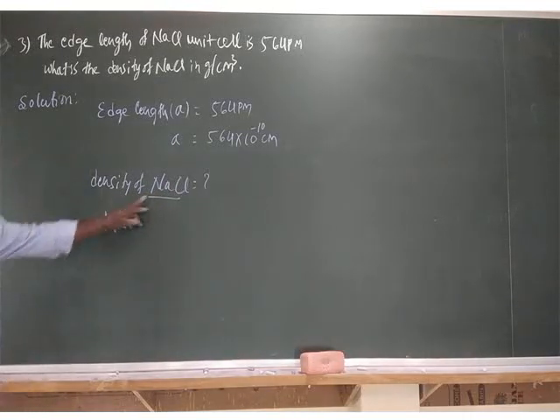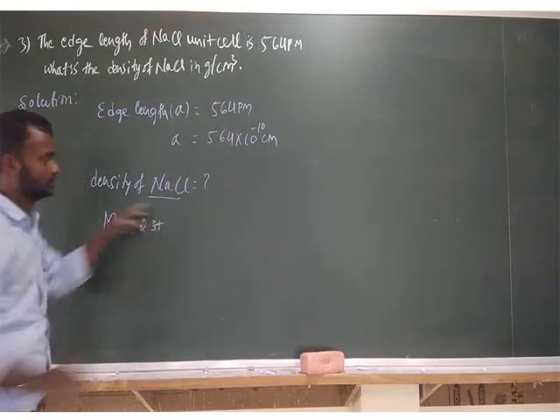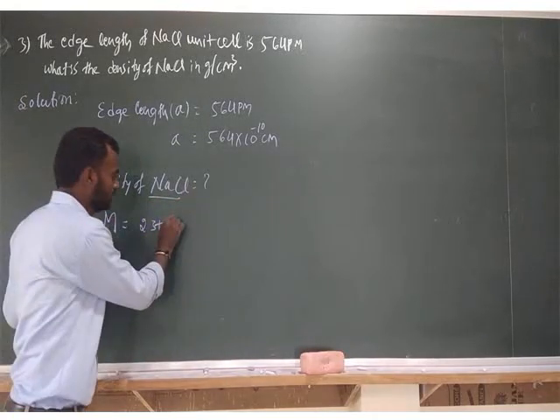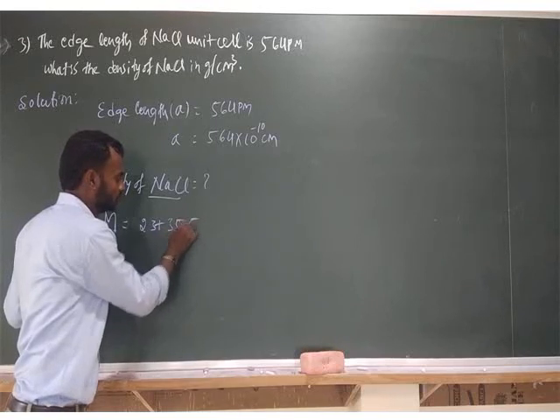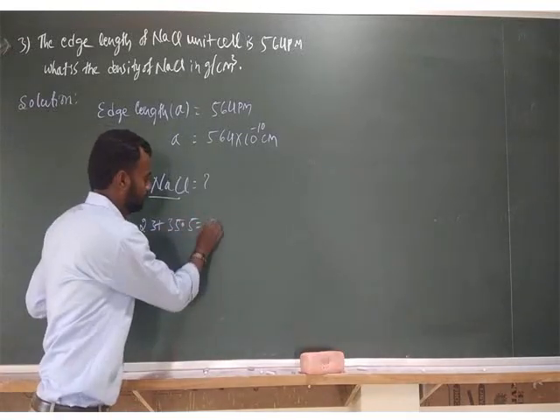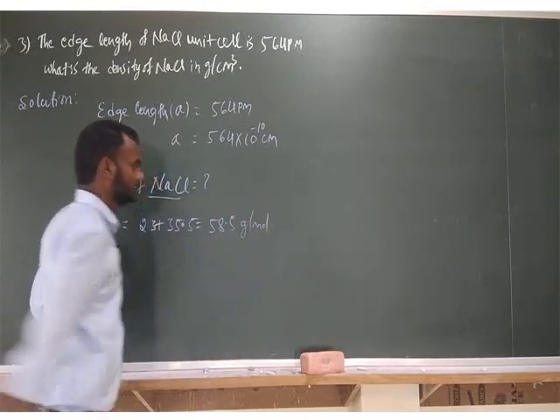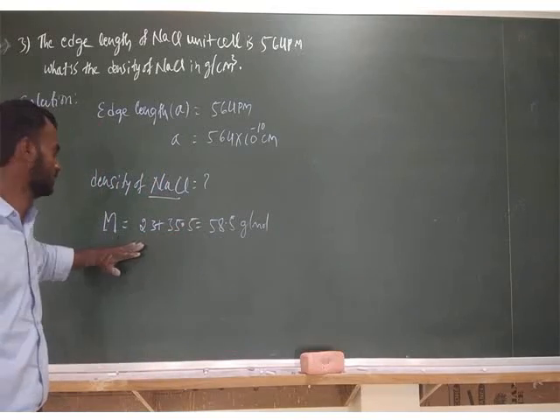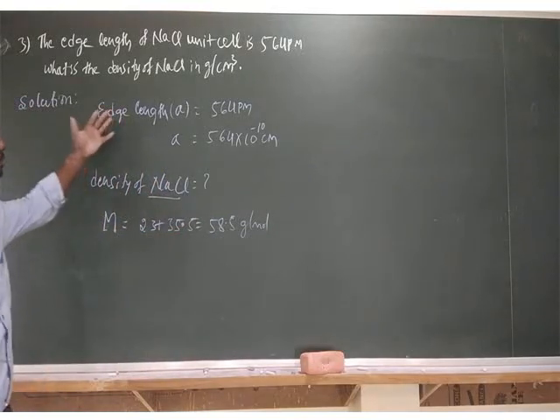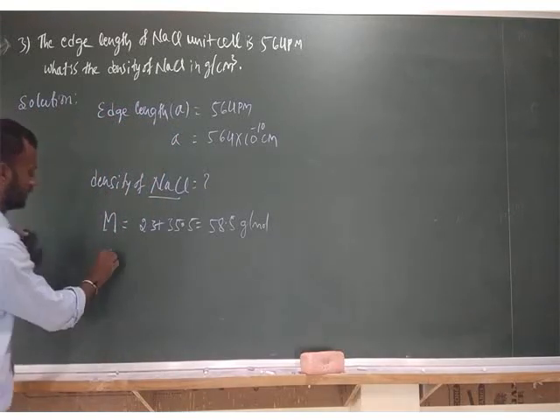What is the molar mass of NaCl? M is equal to sodium, which is 23, plus chlorine, which is 35.5. What is the total value? 58.5 gram per mole. This is the M value. And the next one, the number of atoms, the Z value.